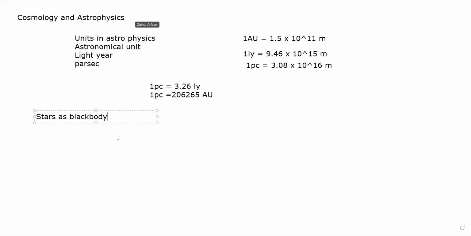There are two laws. One is the Stefan-Boltzmann law, and the other is Wien's displacement law. The term black body means a body which can absorb all the radiation that falls on it and release that radiation.